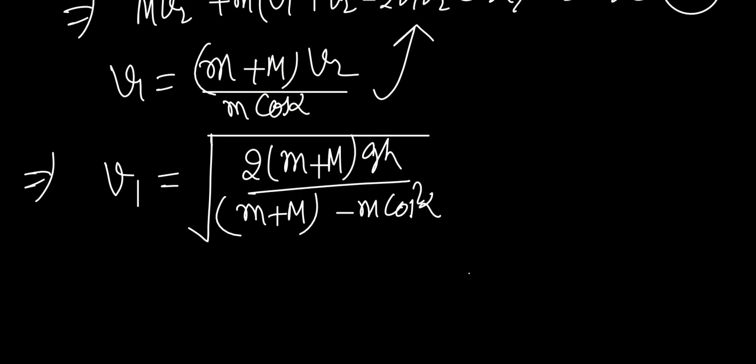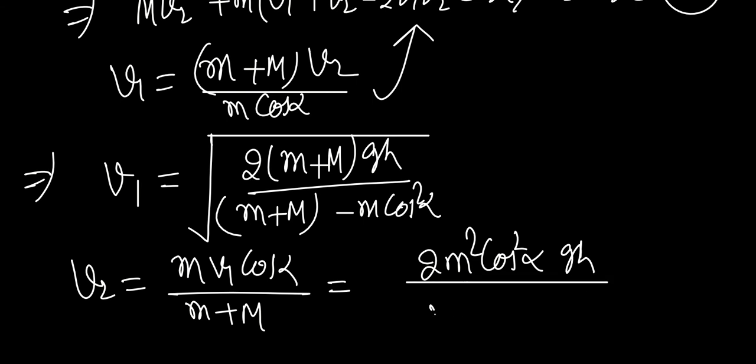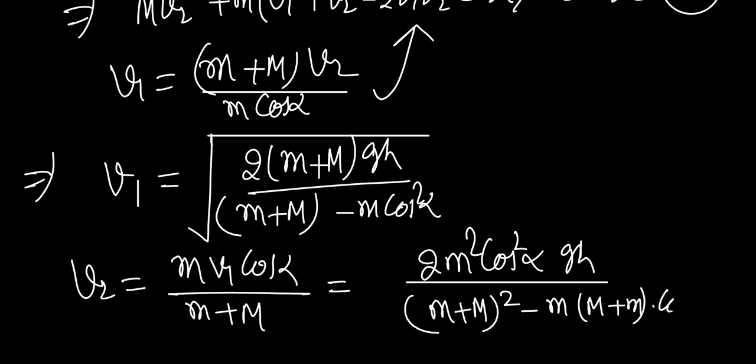And v2, that is the speed of the bigger block, you will get as m v1 cos alpha by (small m plus capital M), so that is the square root of 2 m square cos square alpha into g h upon (small m plus capital M) whole square minus m into cos square alpha.